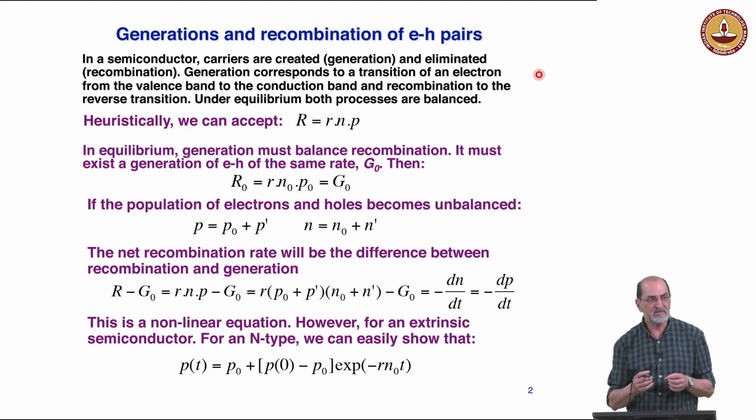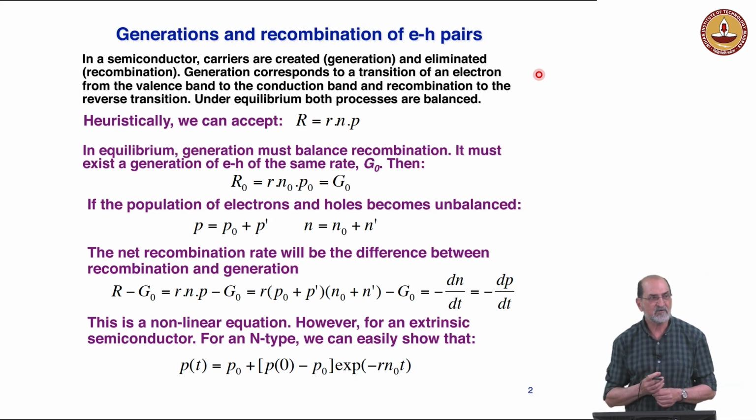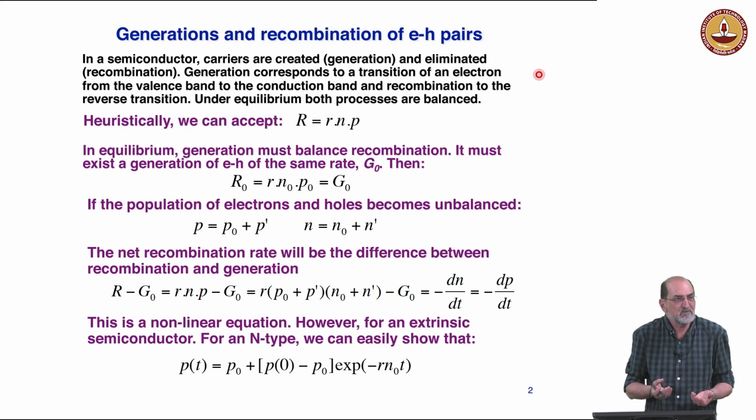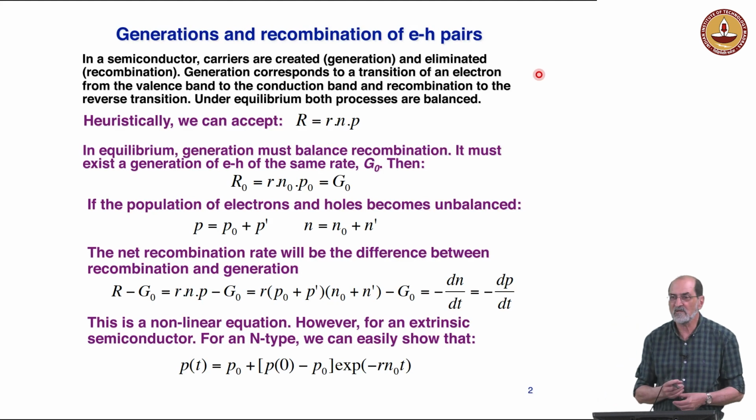Every time that happens, you take both off the table. That is some kind of picture you can have of how the recombination takes place. How many recombinations per time are you going to have? Well, the more balls I have, the more recombinations there are going to be, because most likely they knock into each other.